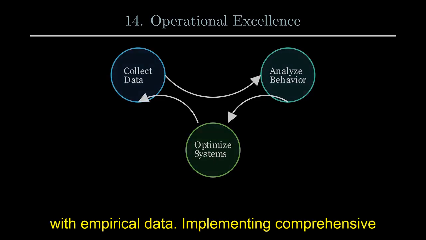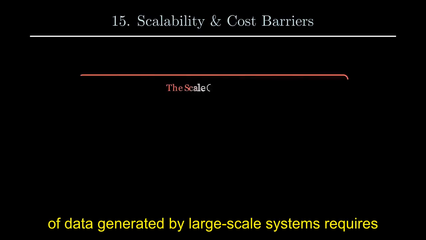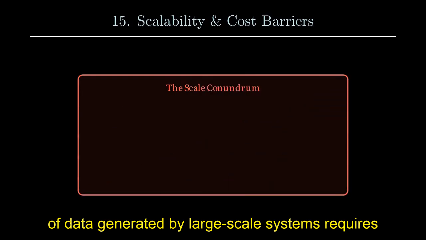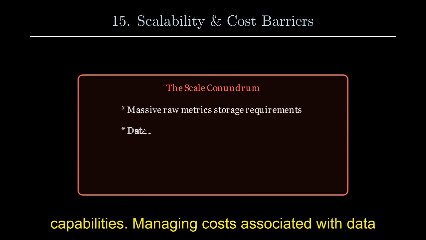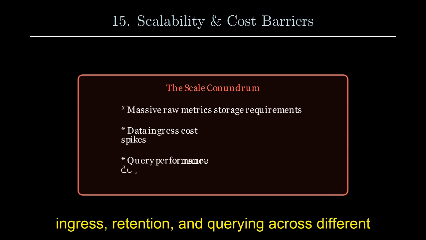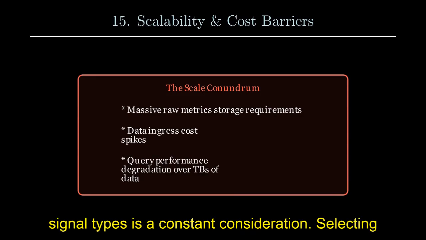Implementing comprehensive observability presents challenges. The sheer volume of data generated by large-scale systems requires significant storage, processing, and analytical capabilities. Managing costs associated with data ingress, retention, and querying across different signal types is a constant consideration.